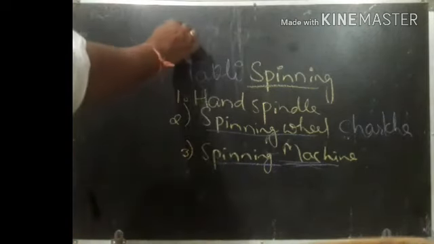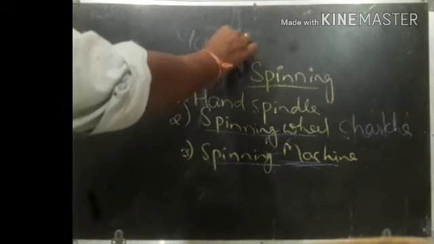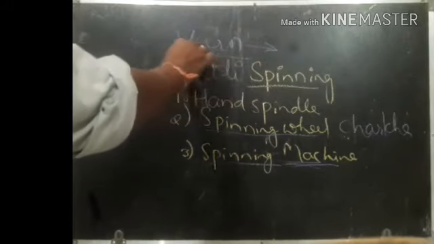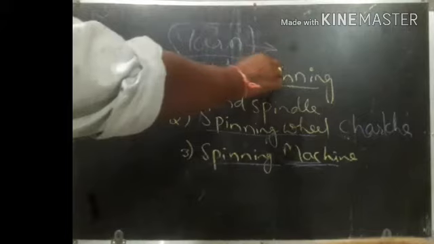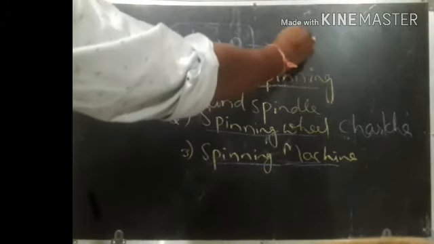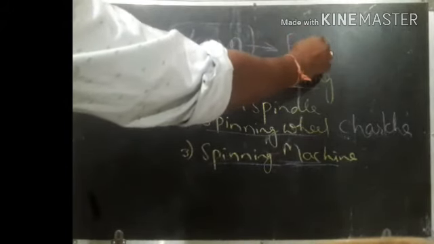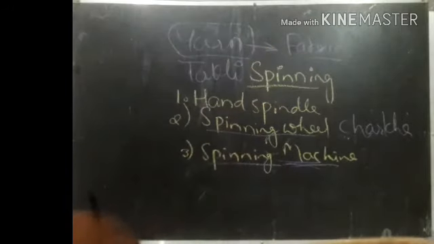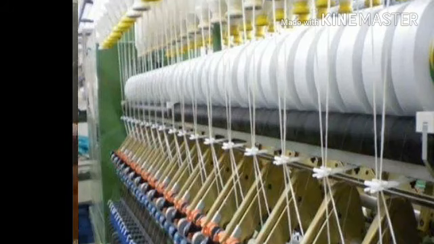Now in the next session we will learn how the yarn is woven or knitted to prepare fabric. That is the final step. With this we are going to complete our lesson on how to prepare fabric from the yarn.